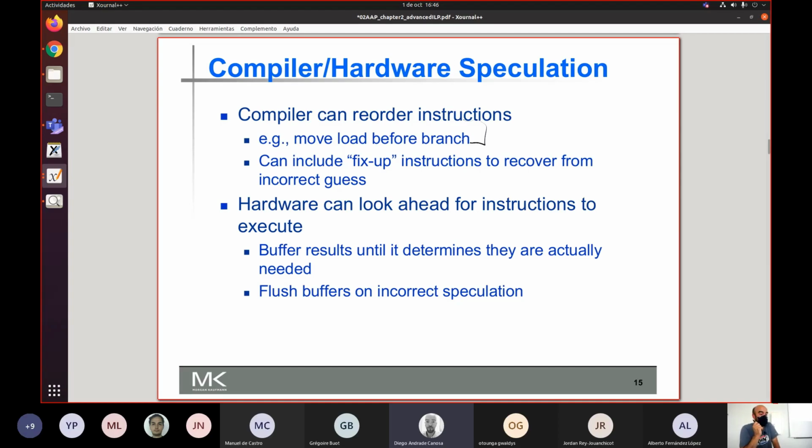Because obviously, if this is done by the compiler, the hardware cannot be involved, and we cannot assume that there will be a checking and a rollback mechanism from the side of the hardware, okay? So the FISA instructions have to be included by the compiler itself.